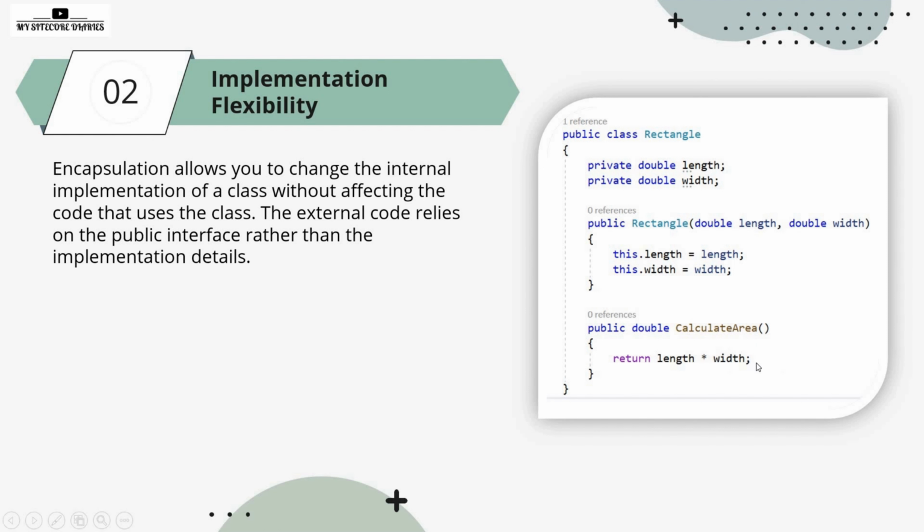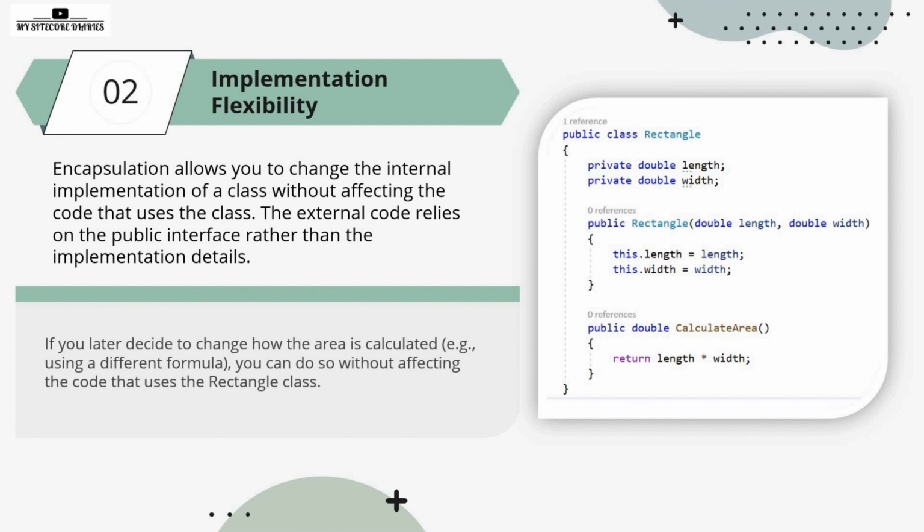Now this implementation can be changed later if someone wants to change that formula. This implementation is for the rectangle, but assume that it is a square and you want to calculate that, then that change is completely within the Rectangle class only. So it is internal to the class.